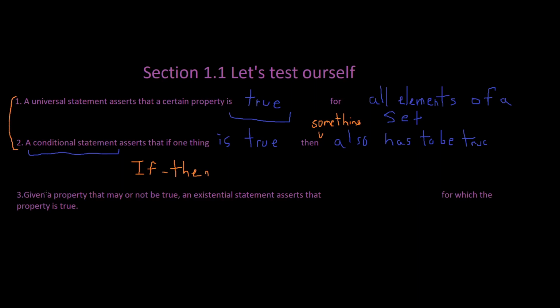And so let's take a look at this one right here. It says, given a property that may or may not be true, an existential statement asserts the blank for which the property is true. And so I'm going to give you some time to think about that.